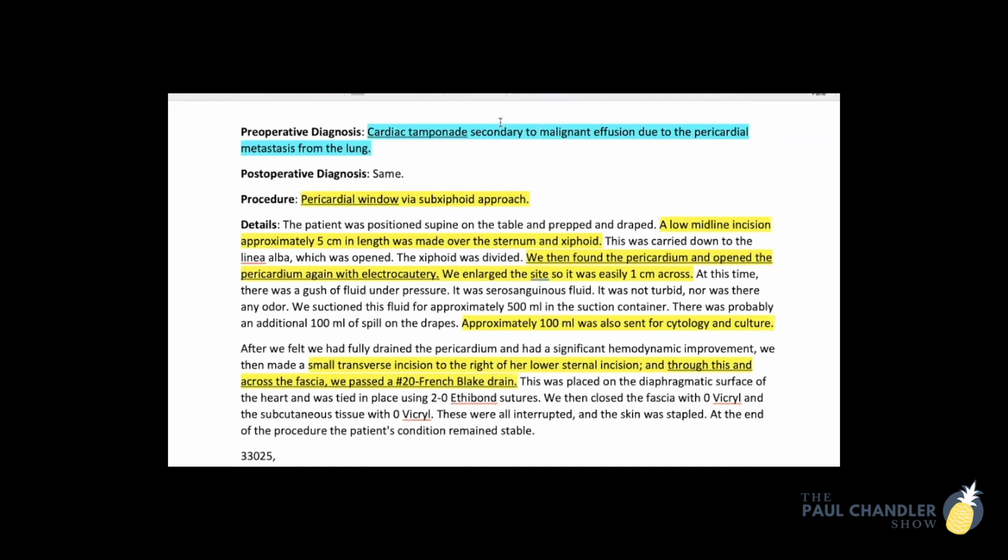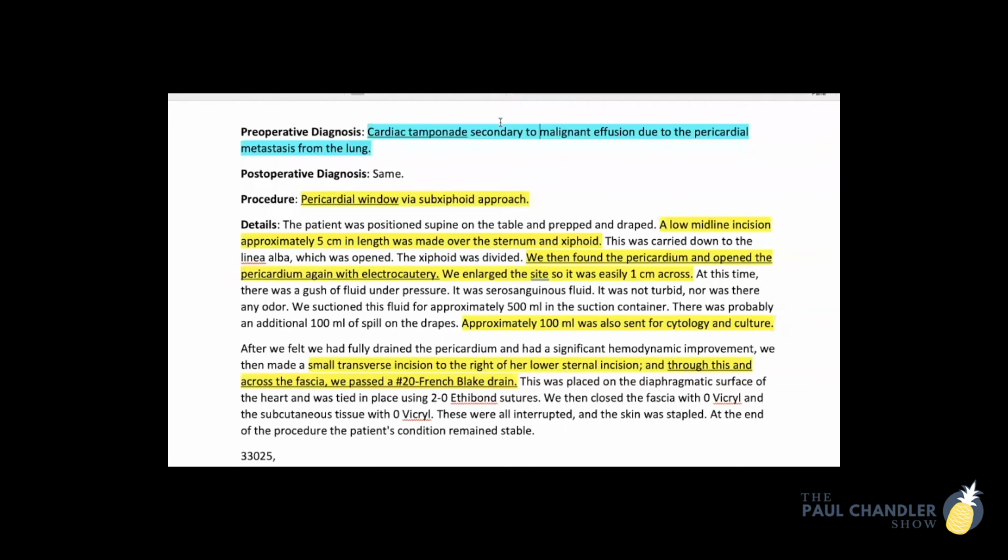T-A-M-P-O-N-A-D-E, tamponade. Tamponade, heart. And then that takes me to I31.4.